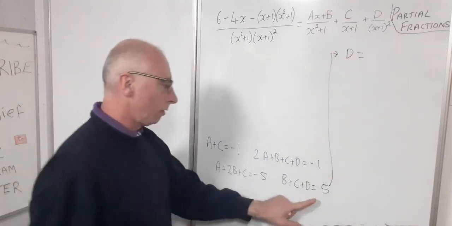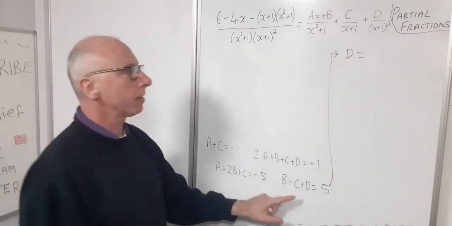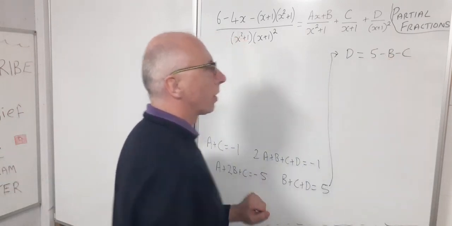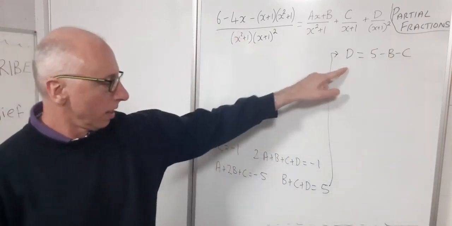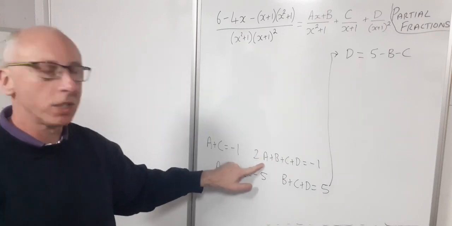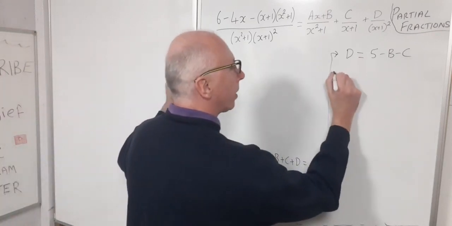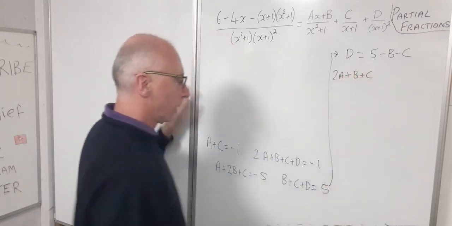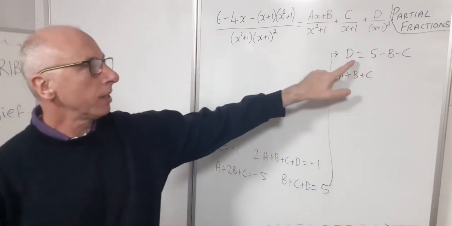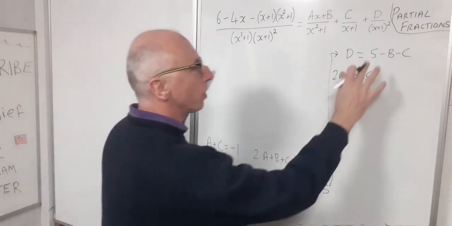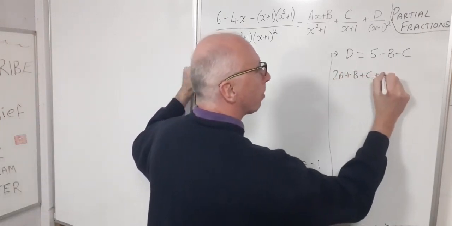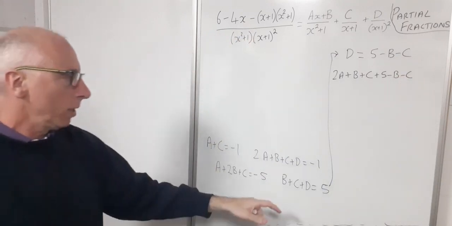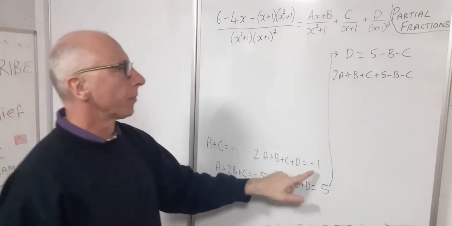So d would equal 5 minus b minus c. Now if I substitute that into this equation, I then have 2a plus b plus c, plus 5 minus b minus c, and that would equal -1.